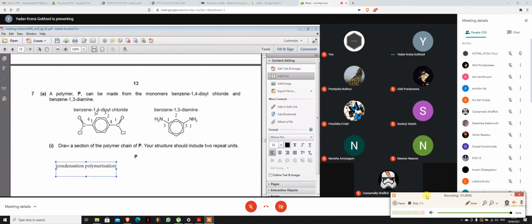You are going to lose HCl, H from NH2 and Cl from COCl, and you get the amide linkage.